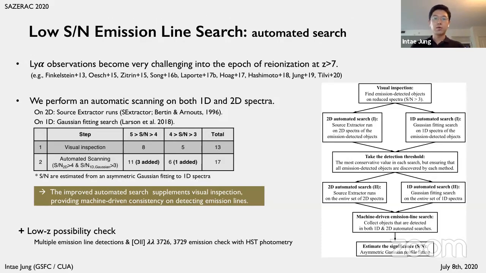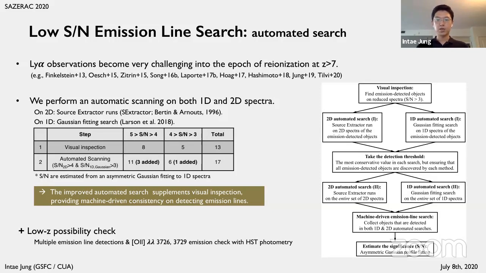Although our MOSFIRE observations provide the deepest near-infrared data set for Lyman Alpha at these redshifts, it's yet very challenging to detect emission lines from these faint and distant sources. So in order to help detect faint emission lines from those noisy spectra, we applied an improved manner of automated emission line search on our reduced spectra.